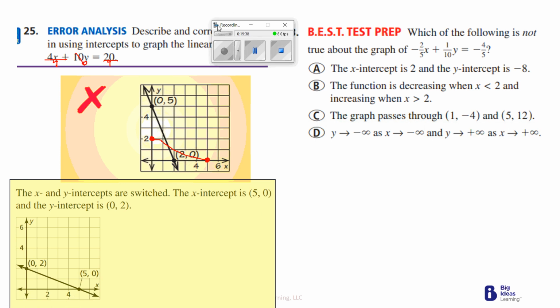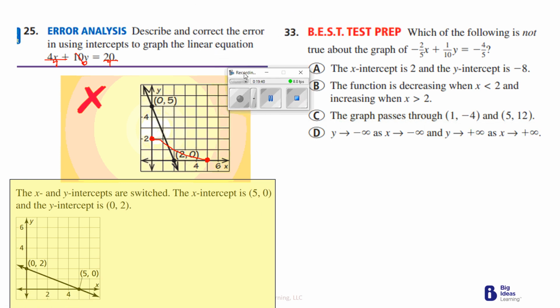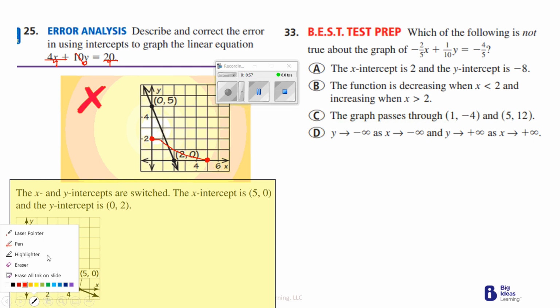33. It says, which of the following is not true about negative 2 over 5x plus 1 over 10y equals negative 4 over 5. To do this, let's put it in y-intercept form first. When I rearrange this, I know y has to be by itself.